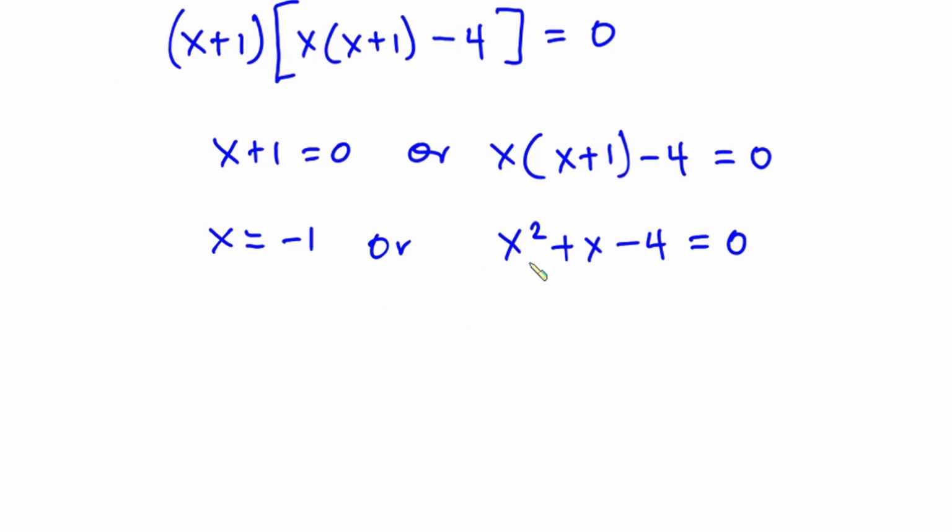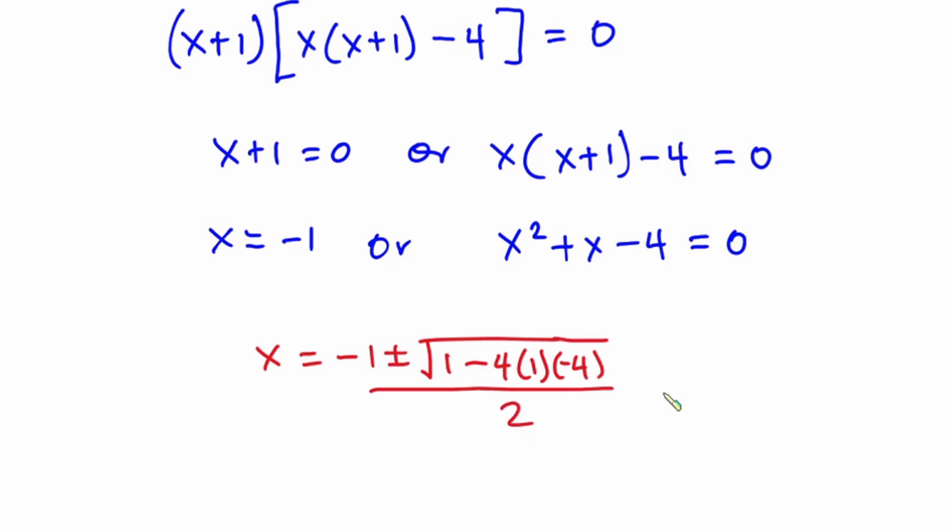Okay, now solving this quadratic equation using the quadratic formula, we have x is equal to -1 plus or minus square root of 1 minus 4 into 1 into -4, all divided by 2.